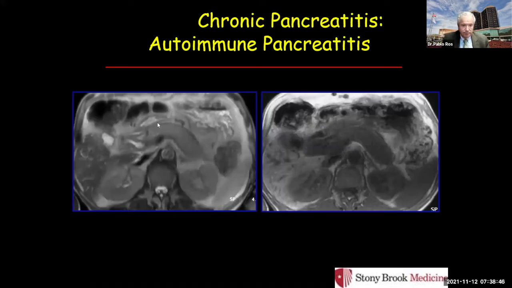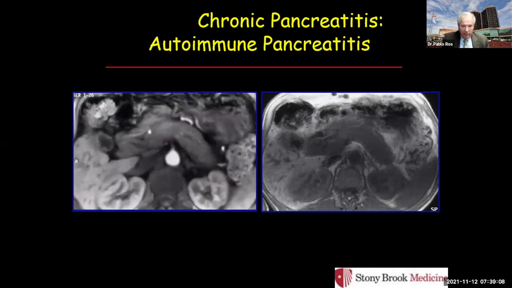Classic example here in T2, you see better because of the visualization of the fibrotic capsule surrounding the pancreas. And you see it here as well. Nice examples with a shortening and the sausage-like sign of the pancreas. Nice examples of diffuse autoimmune pancreatitis.